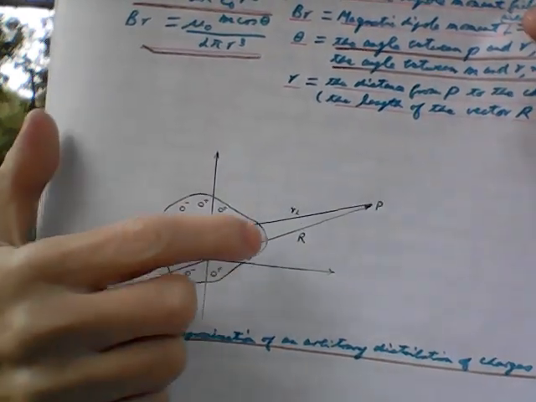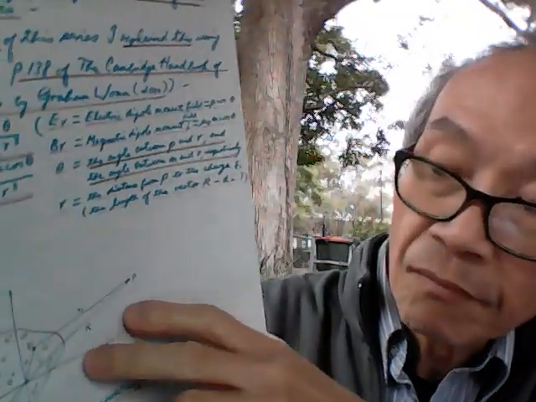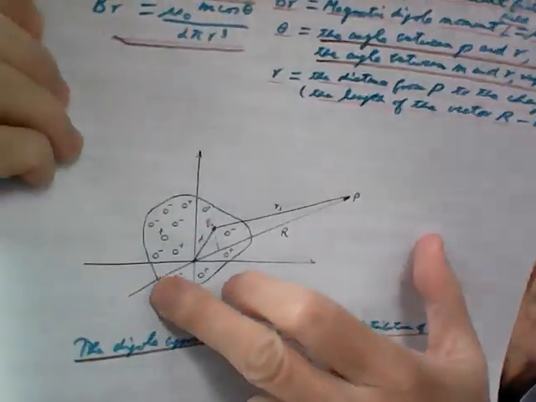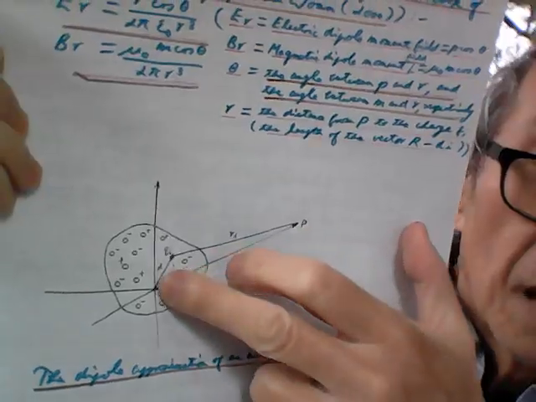Then this says Ri is the length of the vector R minus Di. And Q, the big capital letter Q, stands for the total charge of the whole object.